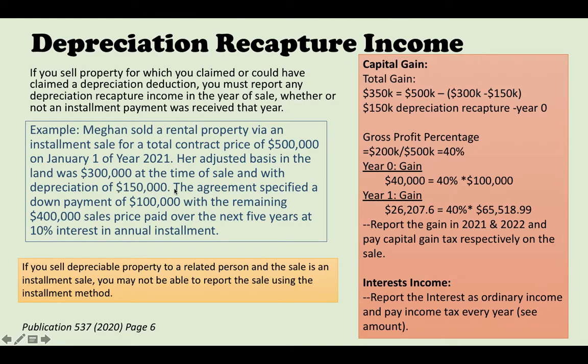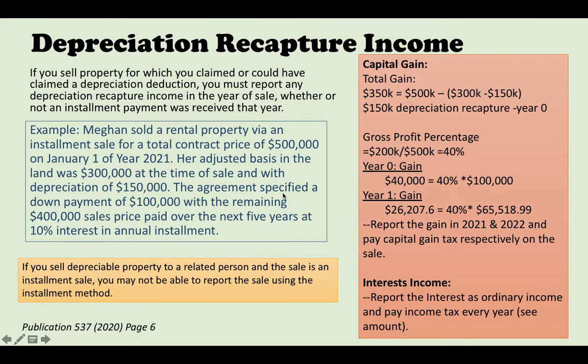When you have depreciation, the IRS says if you sell a property for which you claimed or could have claimed a depreciation deduction, you must report any depreciation recapture income in the year of the sale, whether or not an installment payment was received that year.